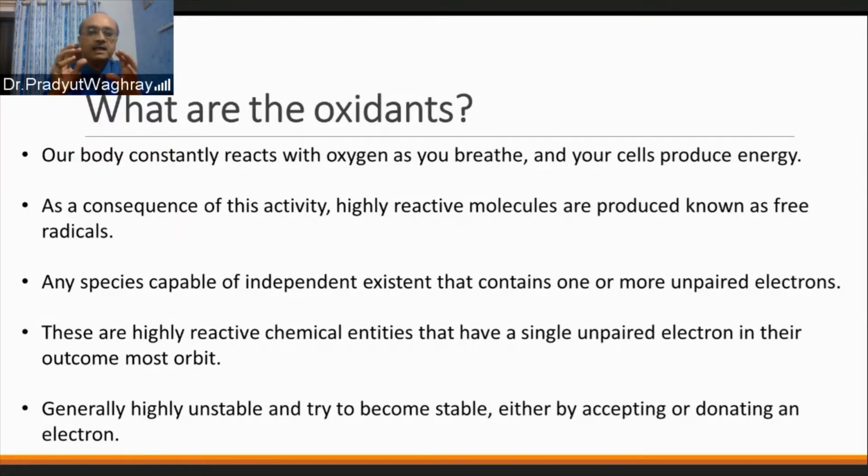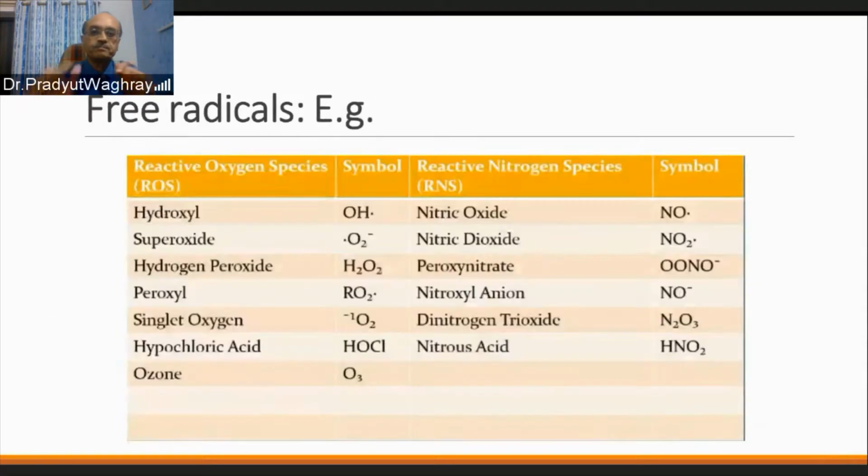These highly reactive unpaired electron bodies are capable of causing damage to the tissues. They try to become stable by either accepting or donating an electron. That is what is called free radicals, which can cause tissue damage.